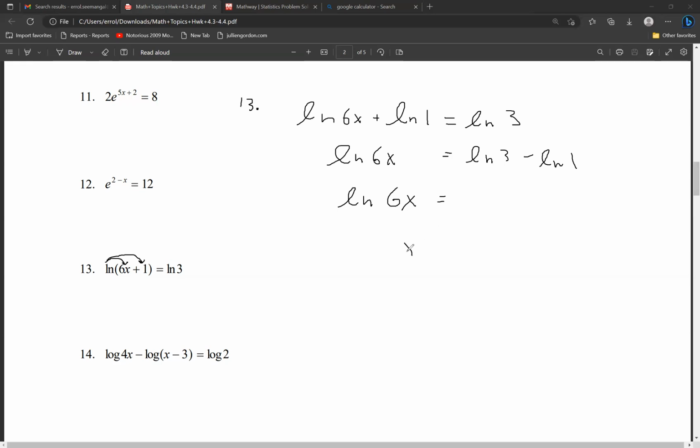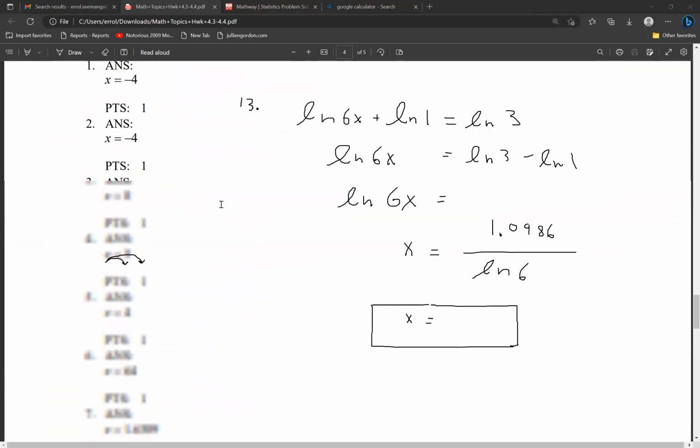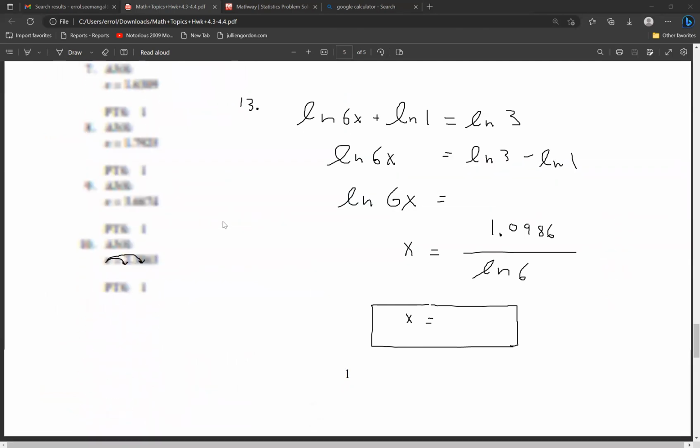Then we're just going to divide both sides by that over ln 6. 1.0986, and now divide that by ln 6. And that should be 1/3.